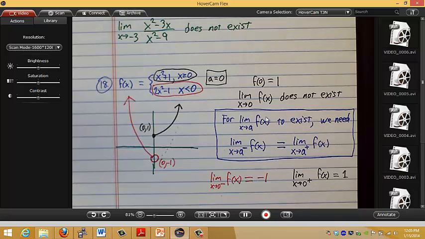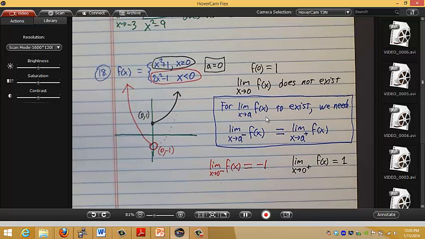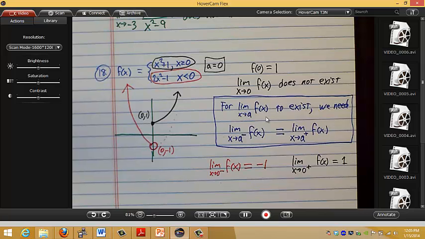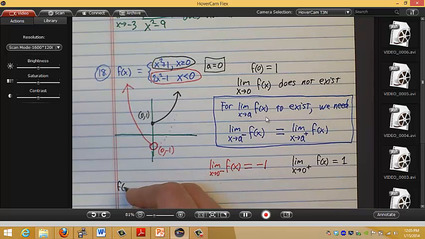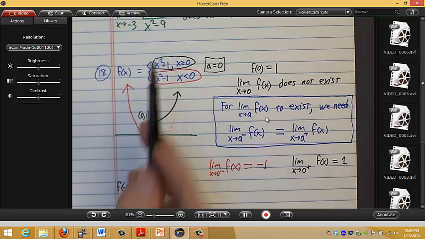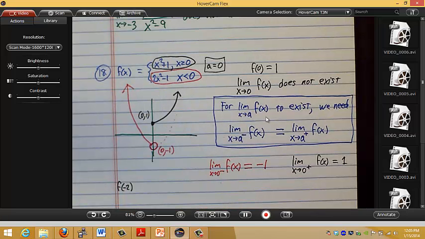You guys with me? Can you explain that again? Well, give me a negative number. Negative 2. If I plug in negative 2 and wanted to compute it, how would you do it? F of negative 2. Would you use the x squared plus 1 or would you use the 2x squared minus 1?